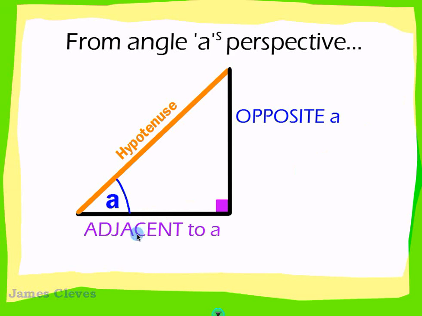This side is adjacent or next to the angle, so we call it the adjacent side. Adjacent just means next to. So all the sides are labelled with respect to the angle that we chose, apart from, of course, the hypotenuse, which is always the one opposite the right angle, and it's always the longest side.